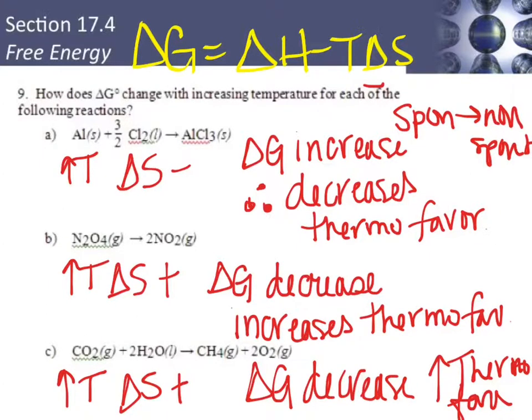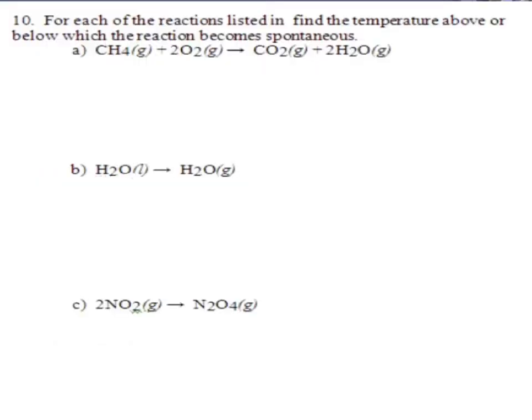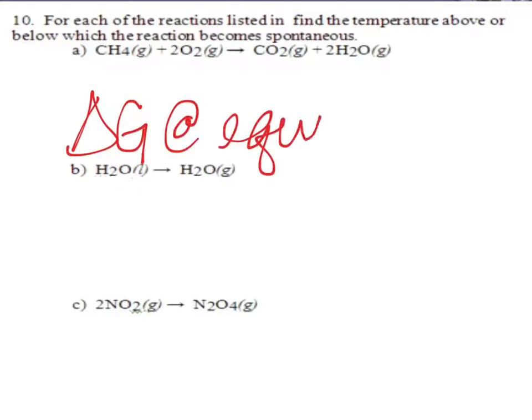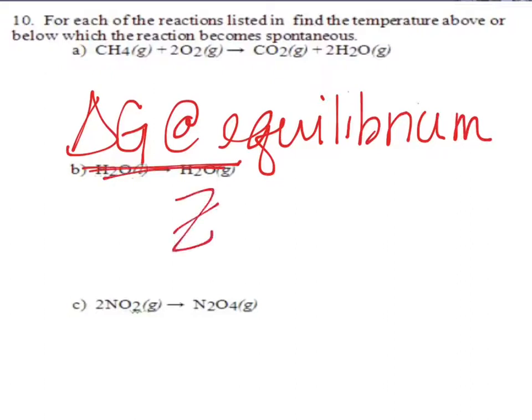So what I need you to write next is we're going to ignore these problems, and you're going to write a few notes here. You just need to say delta G at equilibrium. Anytime you are at equilibrium, your delta G is 0.